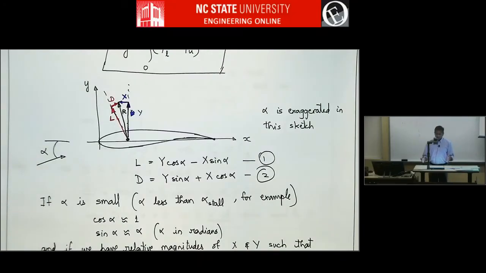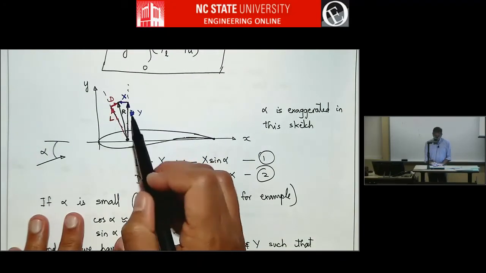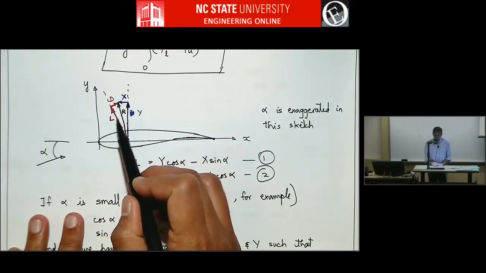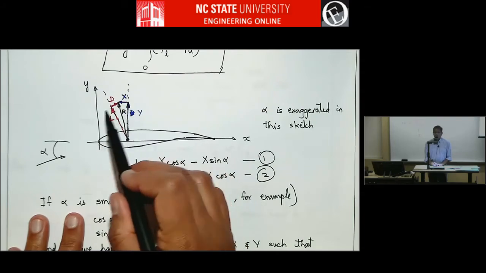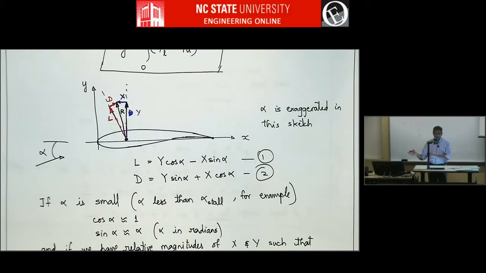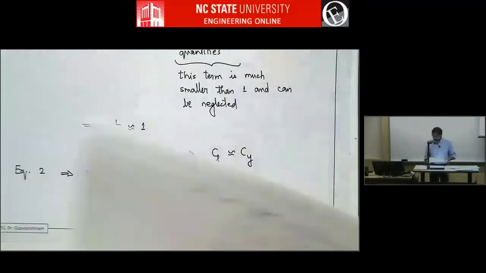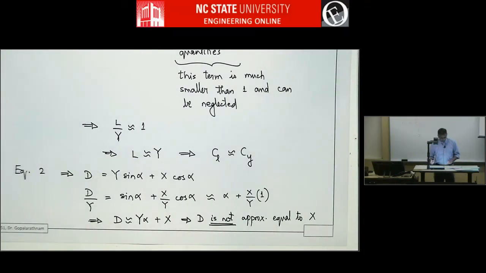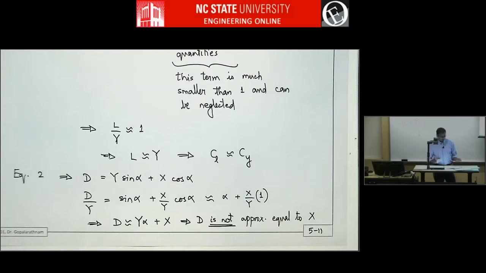So even though you can replace y with L, you cannot replace x with d. d might be plus 0.01, x might be minus 0.03. You can't say they're the same.